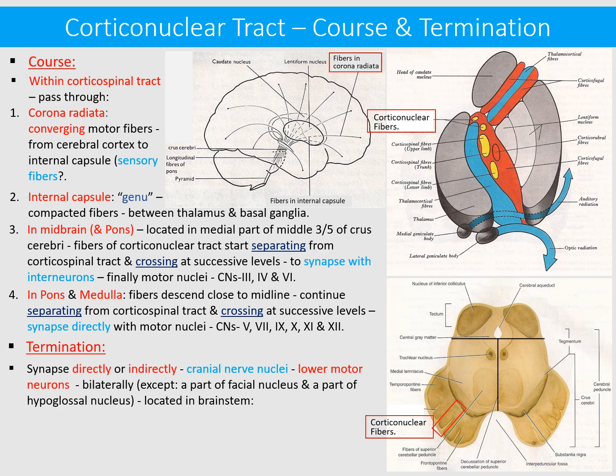So the final termination of the fibers is that they synapse directly or indirectly on the cranial nerve nuclei, which are named lower motor neurons, bilaterally mostly, except a part of the facial nucleus and a part of the hypoglossal nucleus located in the brainstem.